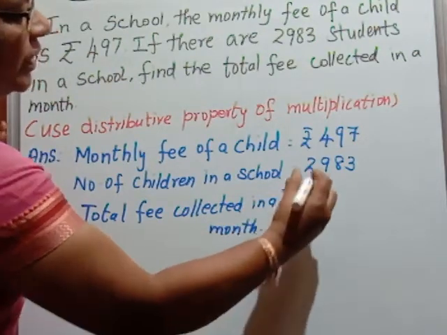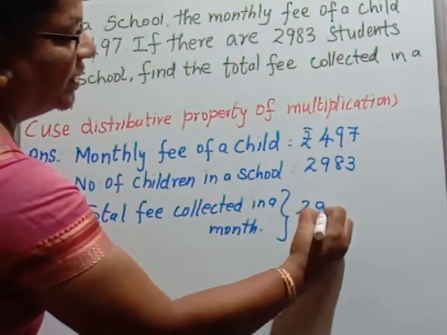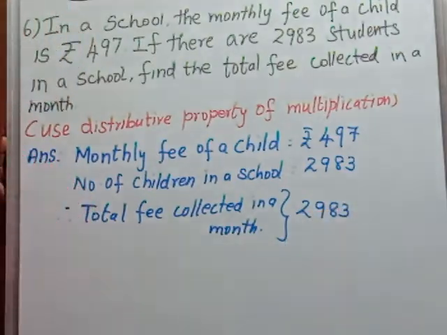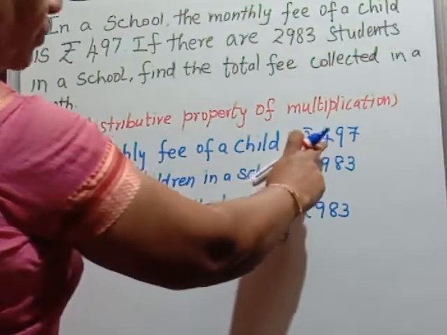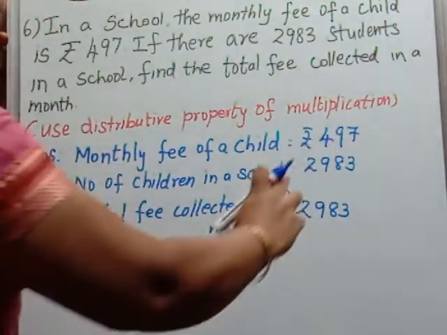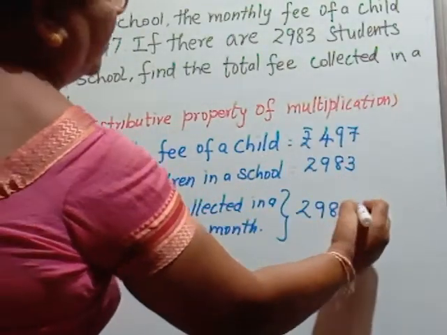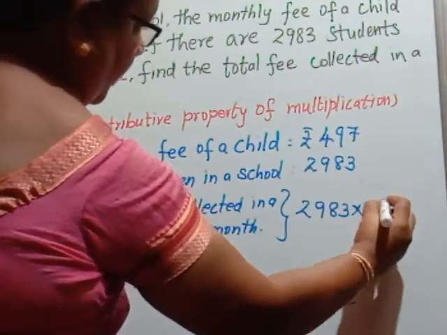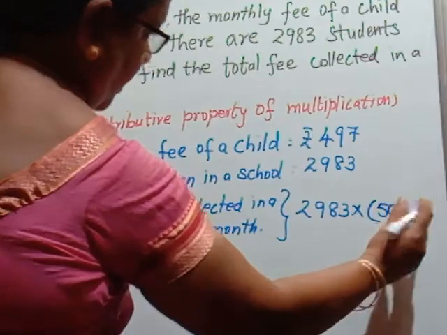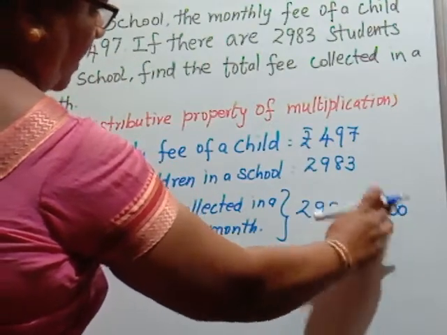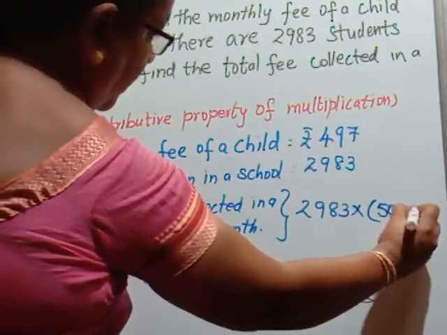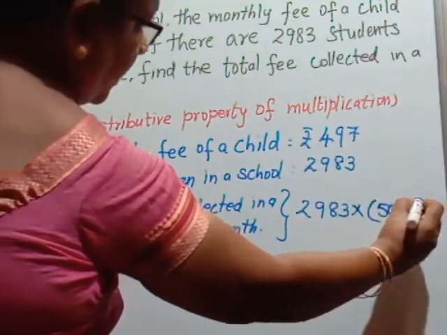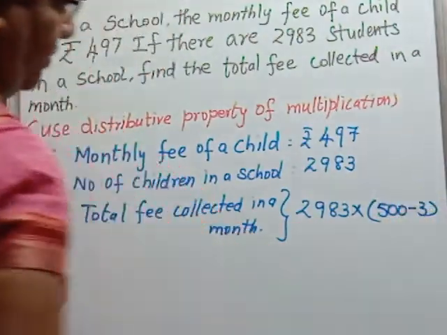Now, number of students 2,983. Here, amount is 497 rupees. We have to make it the nearest round value. That is 500. We will take it. If we minus 497, how many numbers will we get? 500 minus 497 is equal to 3.